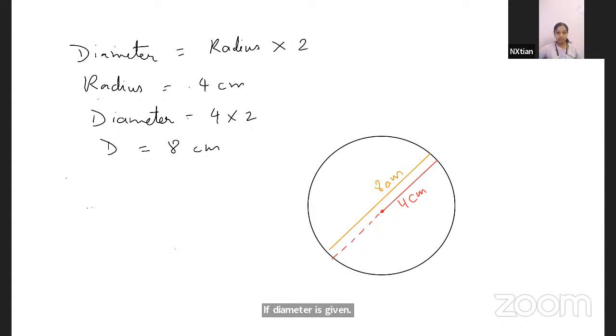If radius is given and you have to find the diameter, you multiply the radius with 2. We will stop here, and from the Monday session on, we'll learn how to draw a circle if you are given a particular radius or diameter.